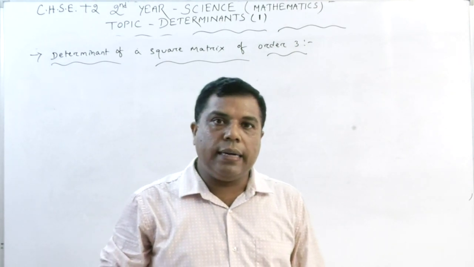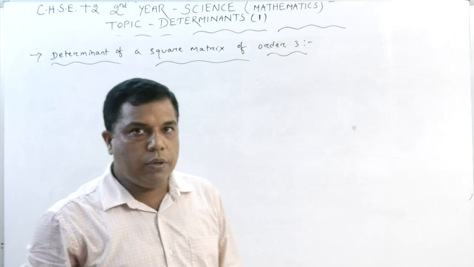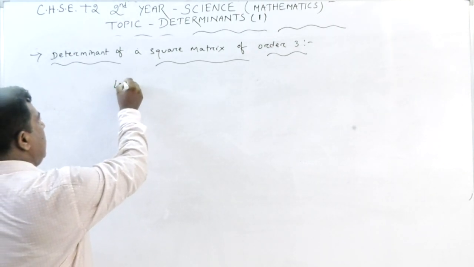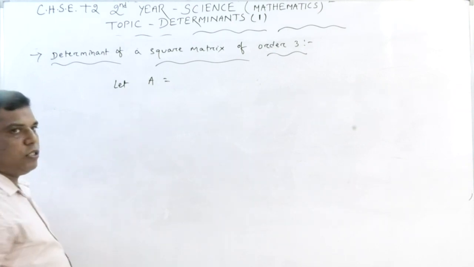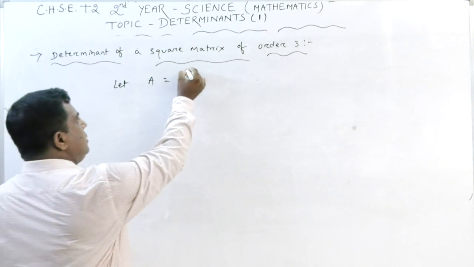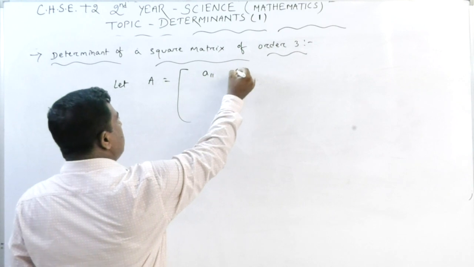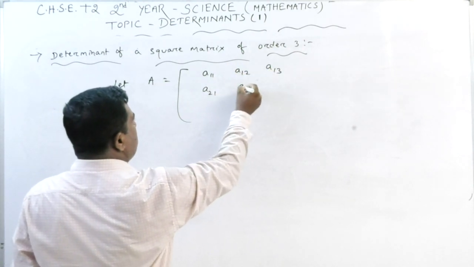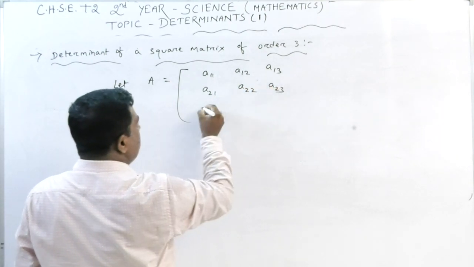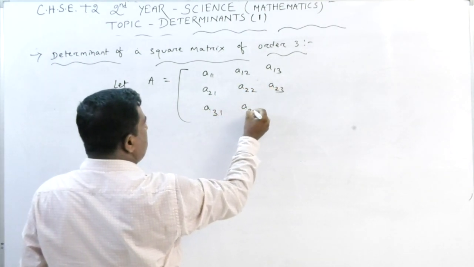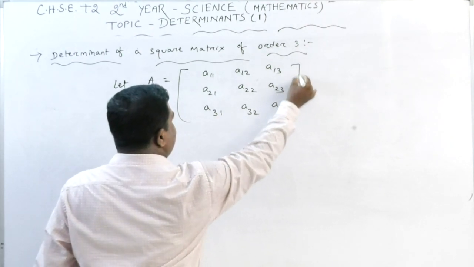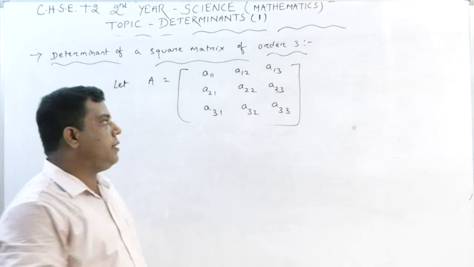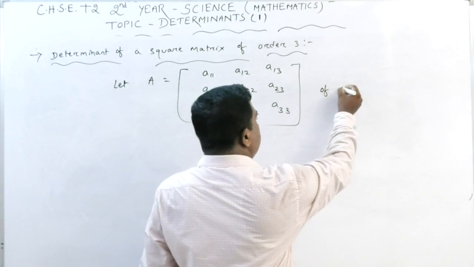And we have to evaluate the value attached with the determinant. How to get the value? You see, suppose A is a square matrix and let A be equal to this one. Suppose this is A, a square matrix of order 3.